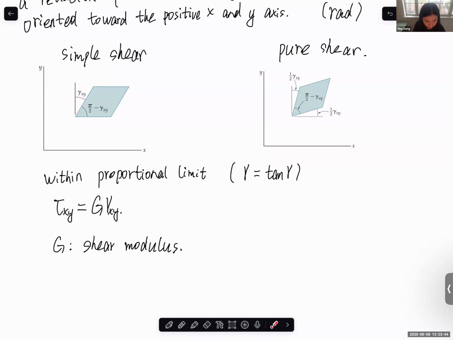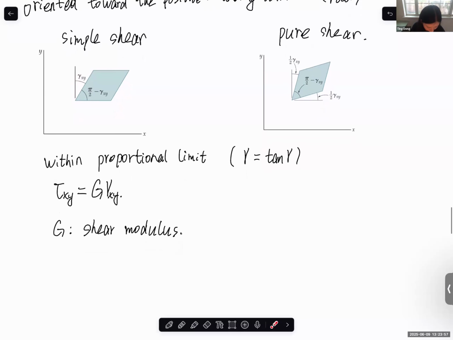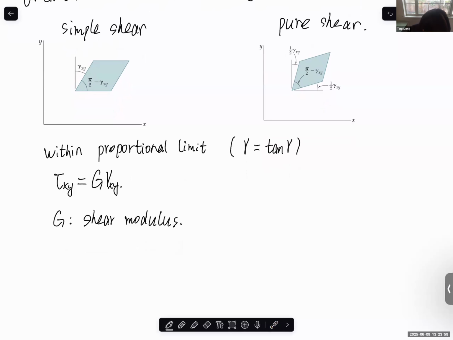So for very small angle, small deformation, everything before proportional limit, gamma equal to tangent gamma. So you can write gamma equal to tangent gamma equal to this one over this one. I will show you in the example problem. So this is Hooke's law for shearing stress and strain.